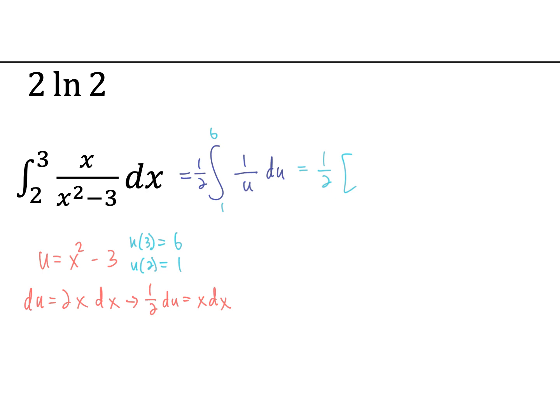And then the integral of 1 over u is ln absolute value of u. Okay, plug in the top limit minus plug in the bottom limit. Remember, ln 1 is 0. And so this is just 1/2 ln 6.